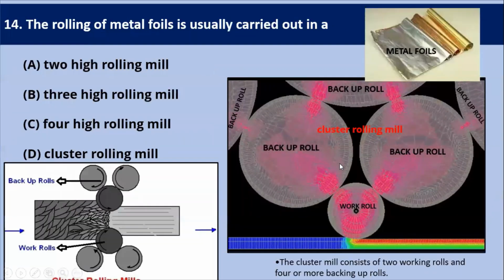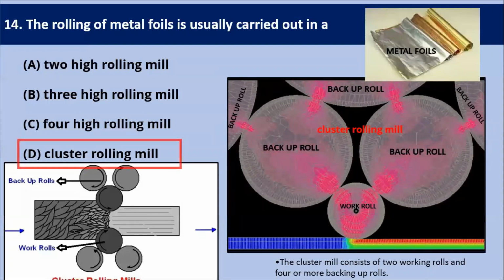Next question. The rolling of metal foil is usually carried out in a... actually the answer is the cluster rolling mill. The cluster rolling mill consists of two working rollers, you can see in this diagram, and four or more backup rollers.